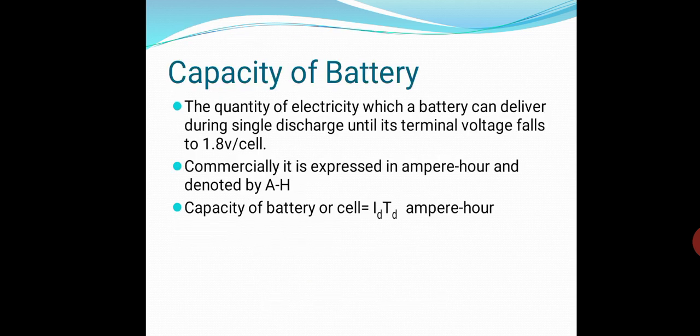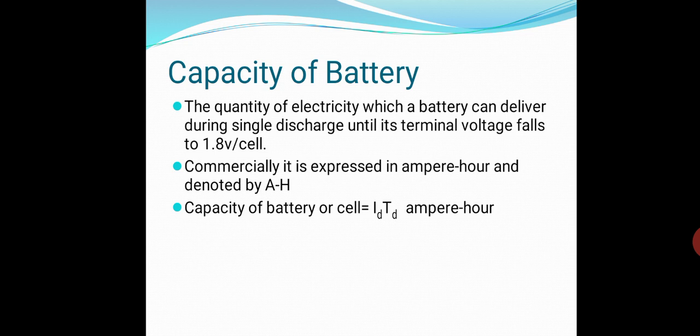Okay. So basically before efficiency of battery, let us understand how the capacity of a battery is denoted. It is expressed in ampere hour. You know that whenever we have to purchase any mobile phone, let us take an example, at that time we see the ampere hour rating of the battery.